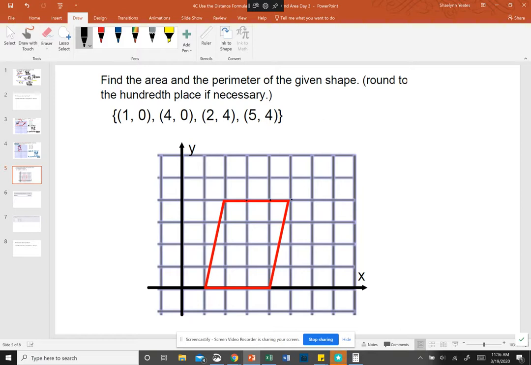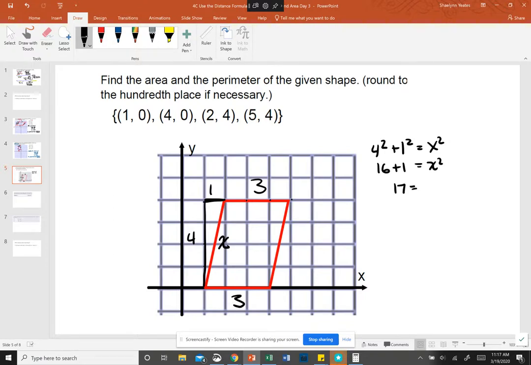So this is 1, 2, 3 long, which makes that also 3 long. Now, if I want to find this length, I'm going to use Pythagorean theorem. So I'm going to call this x. So this goes up 1, 2, 3, 4 over 1. So using Pythagorean theorem, this would be 4 squared plus 1 squared equals x squared. So this would be 16 plus 1 equals x squared.